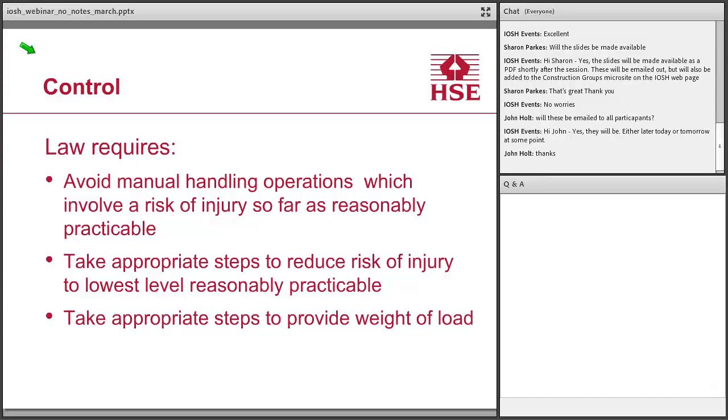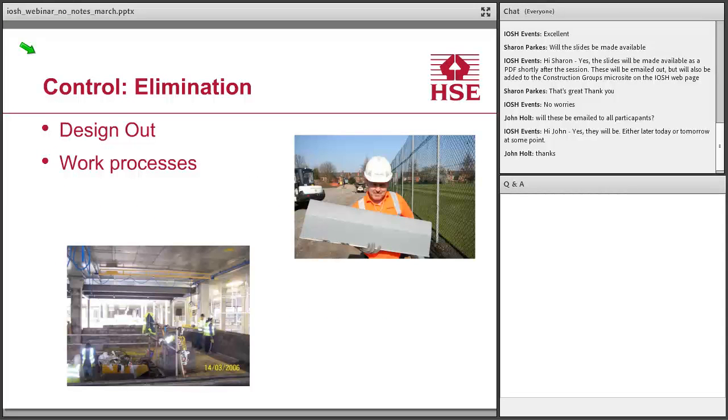And also you can reduce manual handling by using lifting aids such as motor barrows, tile lifters, trolleys, those sort of things. As I said earlier, elimination is things like designing work processes out, designing manual handling out, or changing work processes.